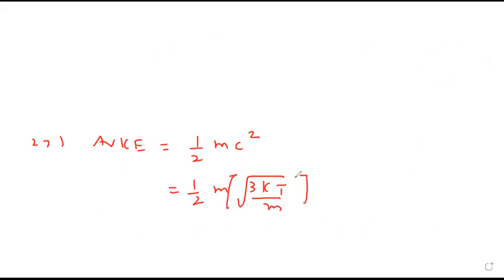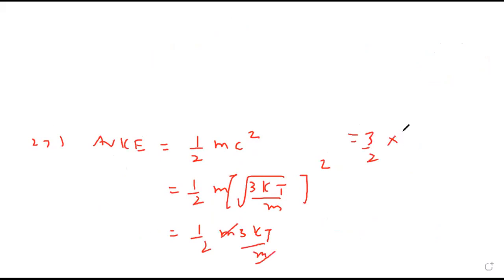Average kinetic energy of a gas molecule at a temperature of 27 degrees Celsius. Average kinetic energy is half m into RMS velocity squared. Half m into 3kT upon m, the root is the square. That will become half m into 3kT upon m, m cancels.